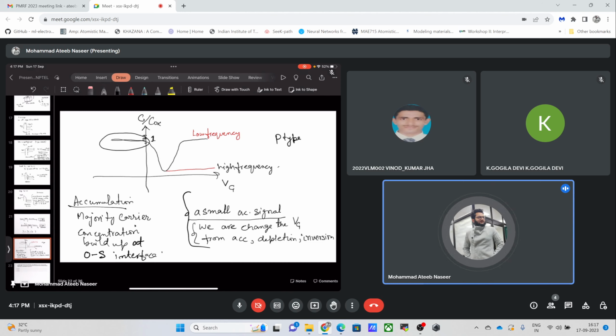In this case, since I am applying positive bias, I will be repelling these p-type majority carriers, that is holes, and I will be attracting electrons towards the interface.